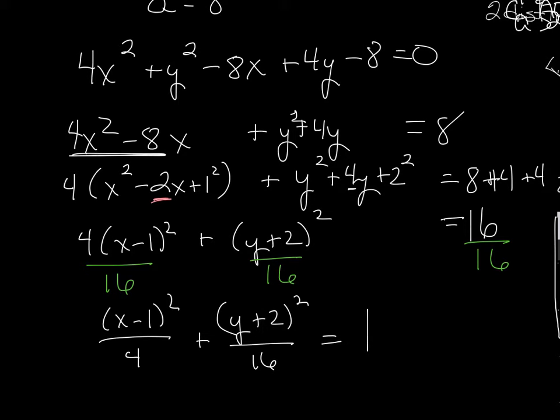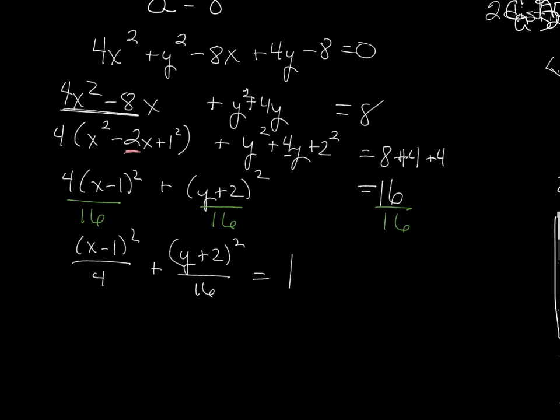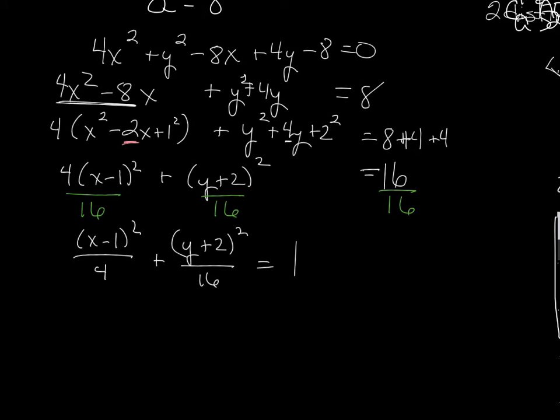Okay, vertical, horizontal axis? Vertical. Okay, what's the center? 1, -2. And so if we kind of sketch that, what is A?